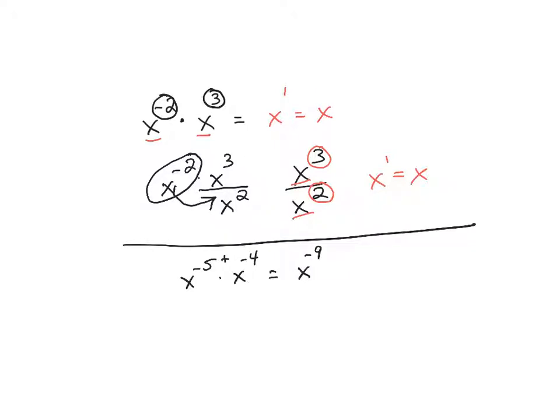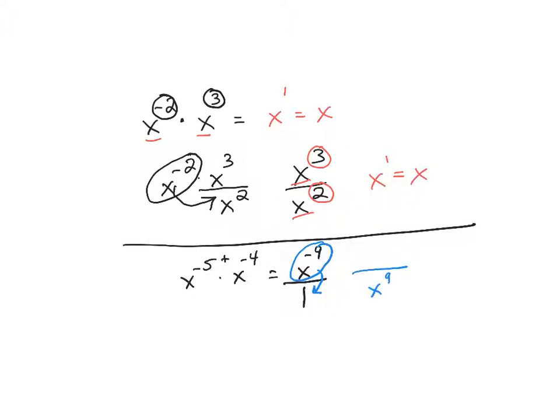So I have x to the negative ninth power. But remember, according to the rules of math, you cannot leave a negative exponent. So I would need to get rid of that negative exponent. I'm going to think about this as x to the 9 over 1. And then I'm going to move all of this down to the other side of the fraction and make it a positive.